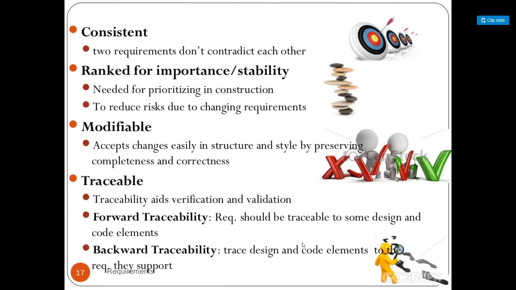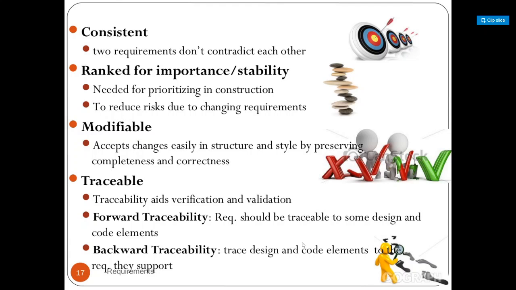Consistency is that two requirements do not contradict each other. That is, at the starting of the project or the SRS, you put one requirement, and in the next stage or further in the project, you again put some other requirement related to the first one. That should not happen.